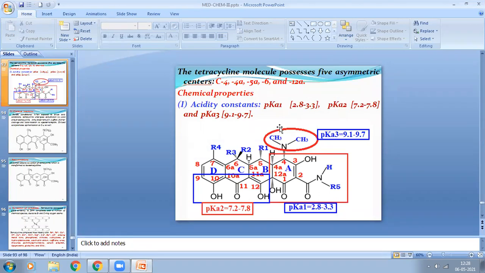Actually, the pK value is mainly the strength of any acid or base, meaning how much hydrogen ion or hydroxyl ion it will produce.